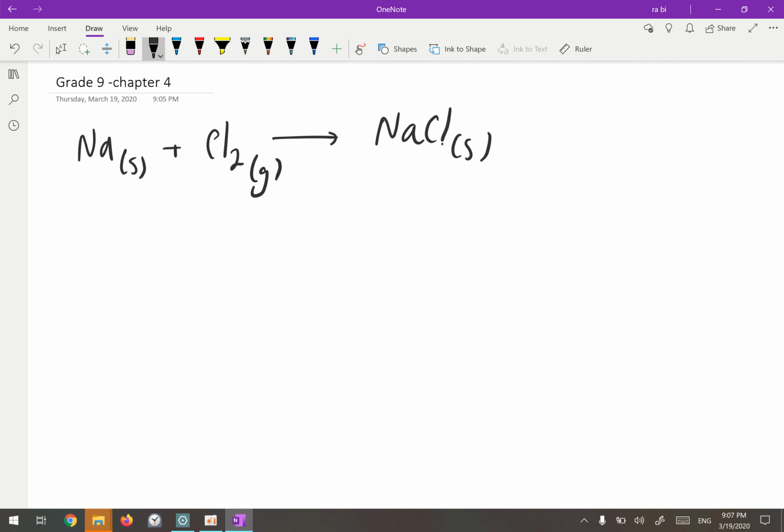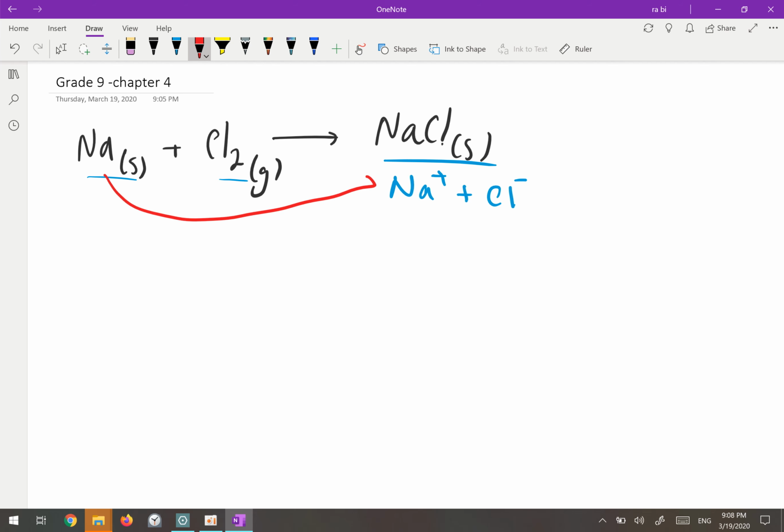So what we have to do here: at the left side you have sodium and chlorine gas, but at the right side you have NaCl. As I said, this is an ionic compound, so it's composed of a cation and an anion. Now I can easily understand which one has lost the electron.